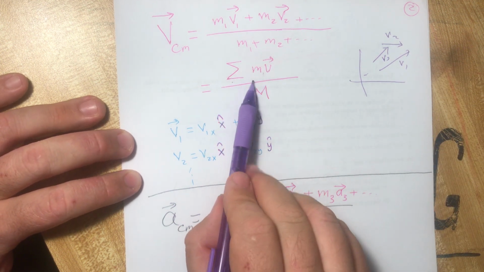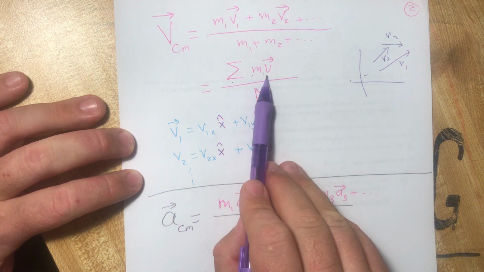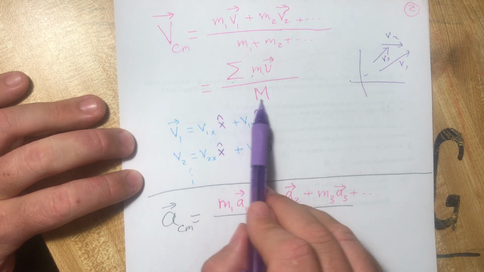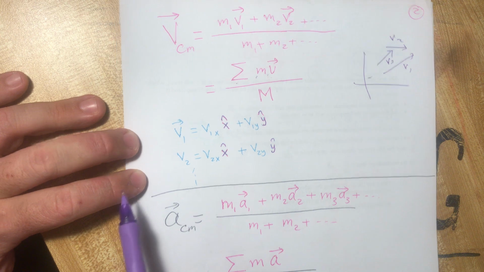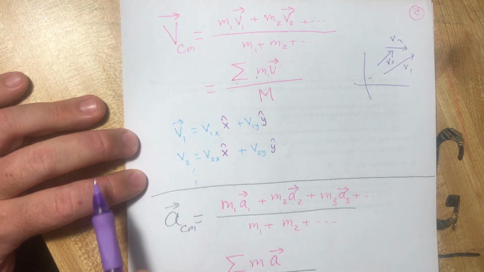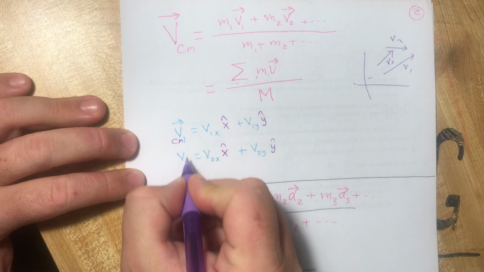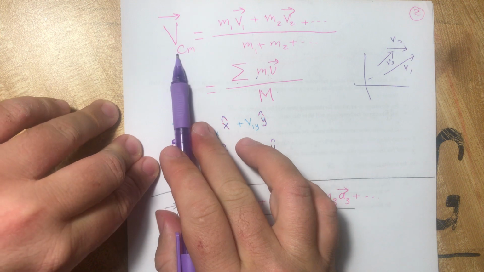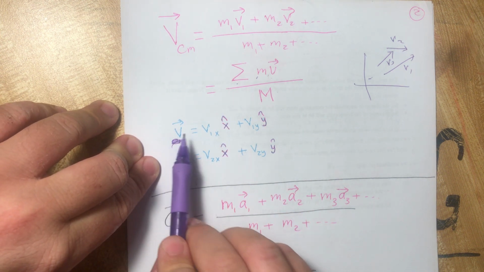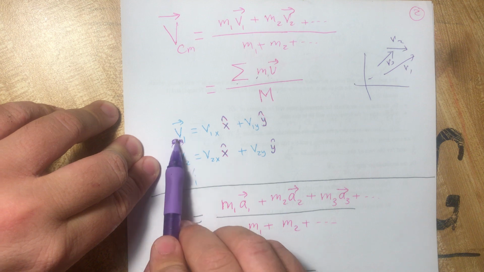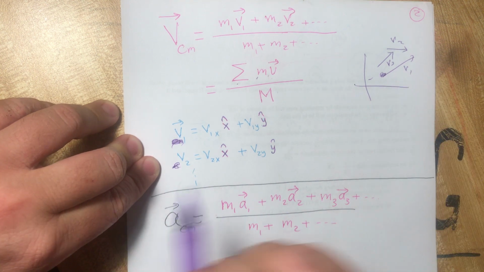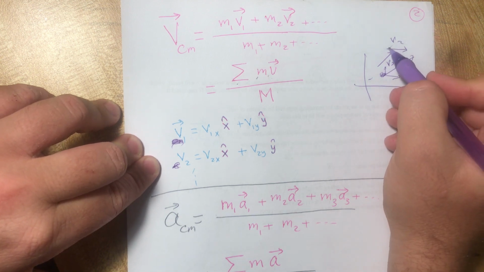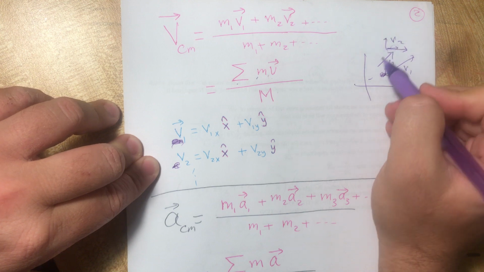So it is the summation of each mass multiplied by its velocity vector, divided by the total mass, which is the summation of all masses. The velocity vector for the center of mass depends on the velocity of the first body, which has an x component and a y component. The second body has an x component and a y component, and so on.